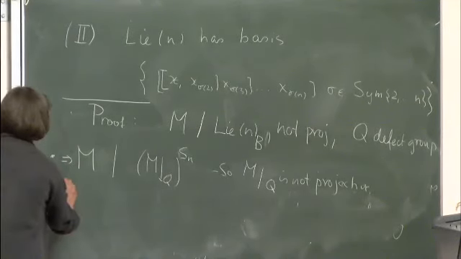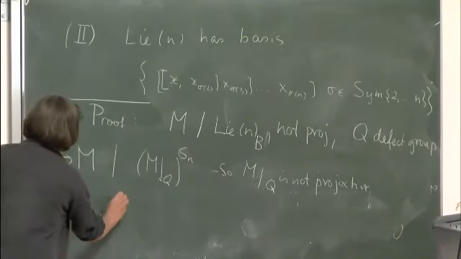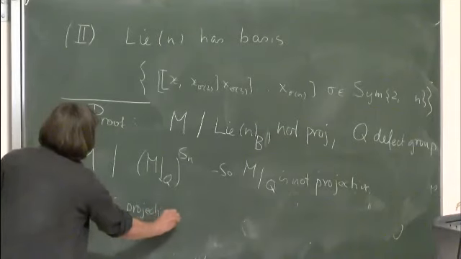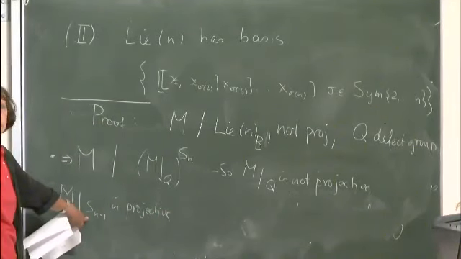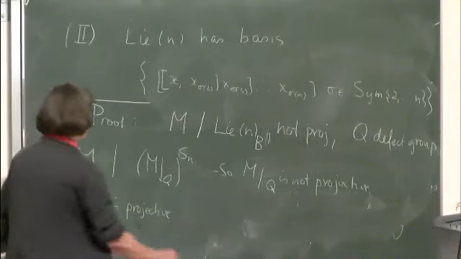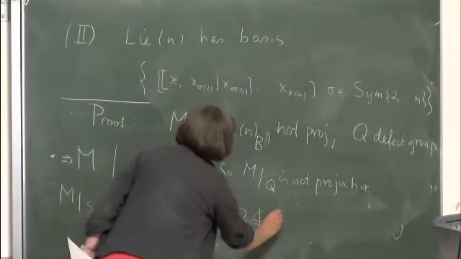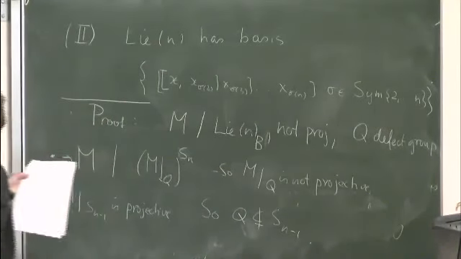So M restricted to Sn minus 1 is projective, because it's a summand. And so Q cannot be a subgroup of Sn minus 1, up to conjugation or whatever.